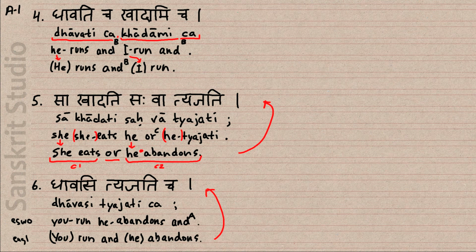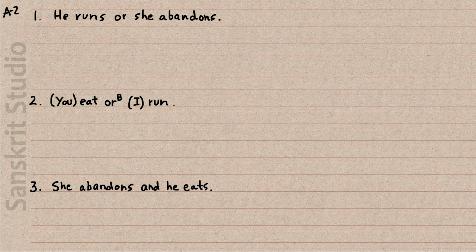Okay, let's go to sheet number A2, the first one of those two. So we're halfway. And he runs and or she abandons. Okay, so we don't have any parentheses here, so we are using separate pronouns.